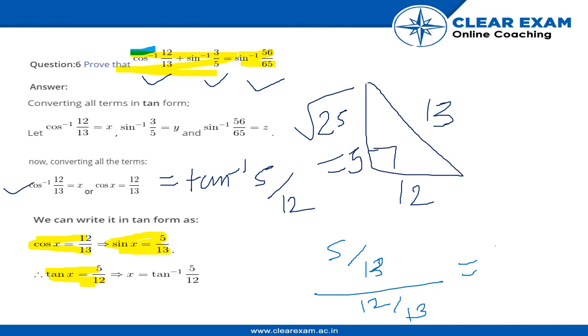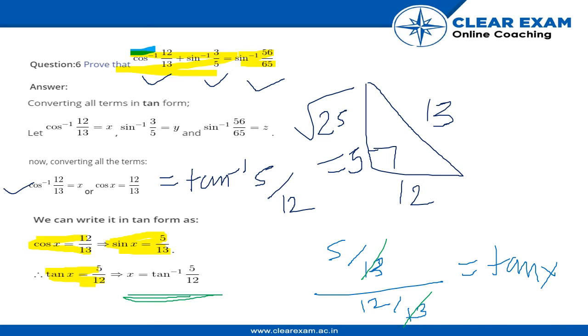So 13 and 13 cancel each other, and we get tan x is equal to 5 by 12. That implies that x is equal to tan inverse 5 by 12. So we get cos inverse 12 by 13 is equal to tan inverse 5 by 12. So we have converted our first term into tan inverse.